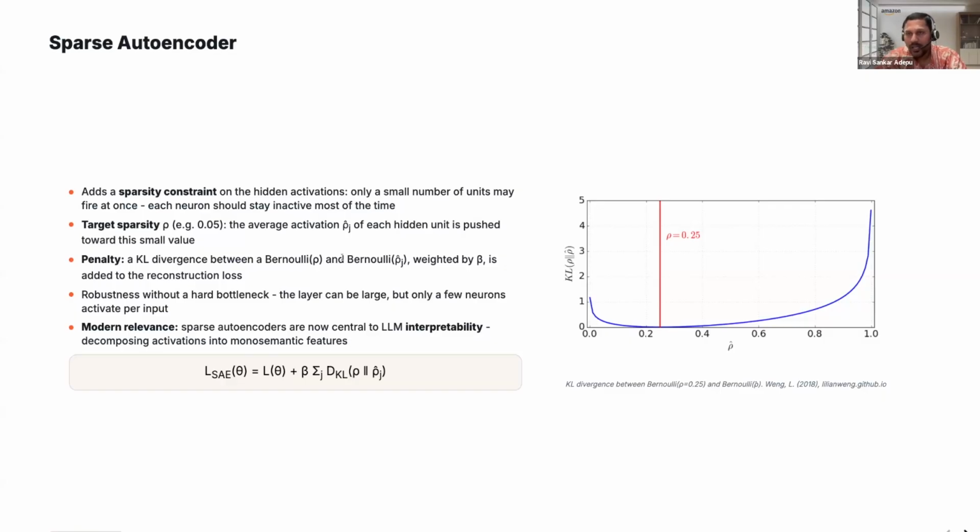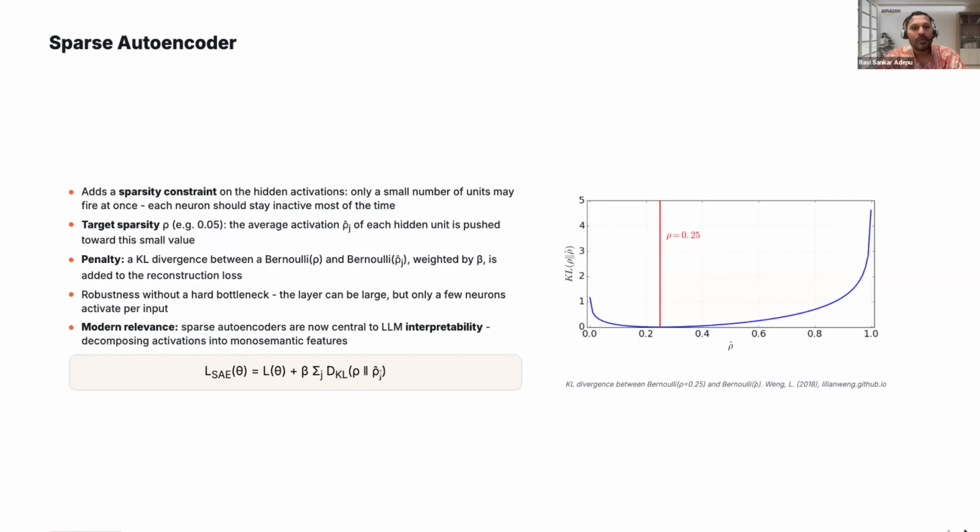Each neuron should be active only, let's say, 5% of the time, and we push each neuron's average activation toward that particular target. So there's a penalty term in the loss function, a KL divergence between the desired activation rate and the actual one, added to the reconstruction loss.